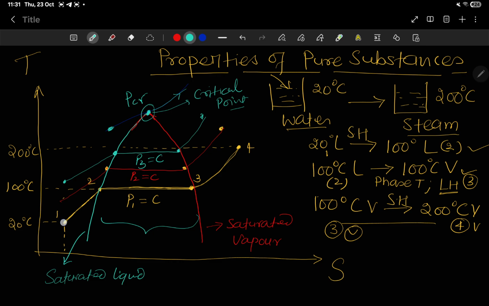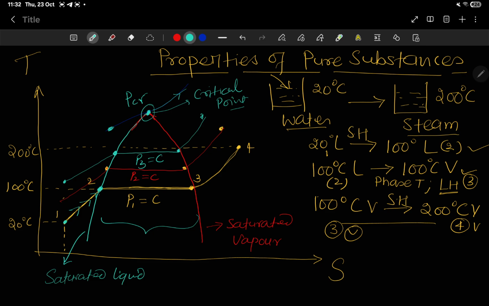Now again, let's try to explore. At point 1 we will have only liquid, okay? At point 2, we are increasing the temperature from 20 degrees Celsius to 100 degrees Celsius, and we know 100 degrees Celsius is the boiling temperature of water. At point 2, the first bubble of vapor is going to form.